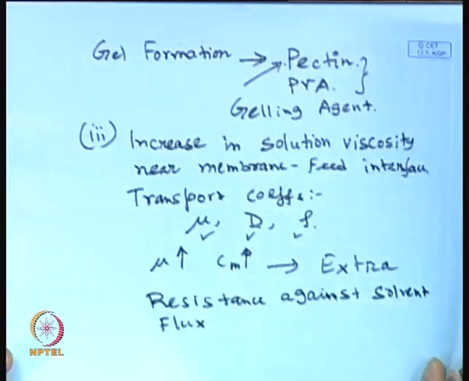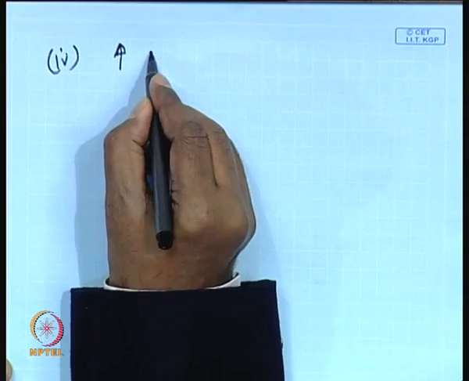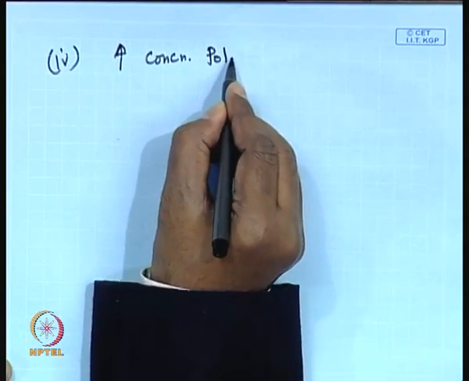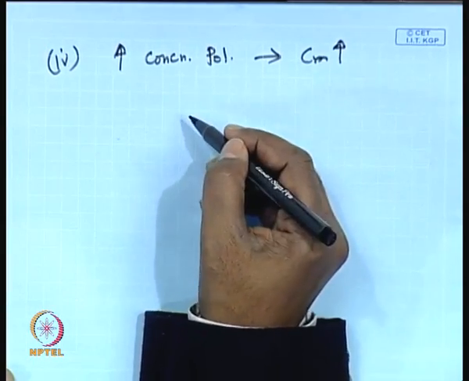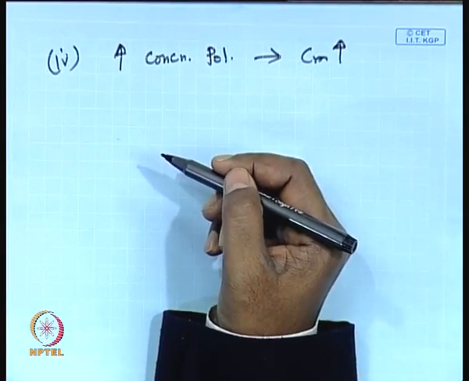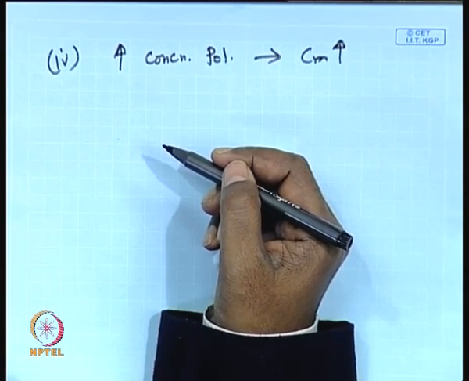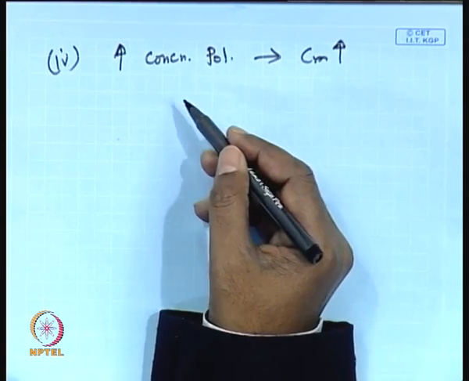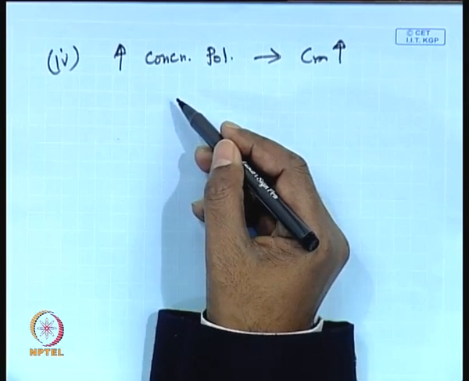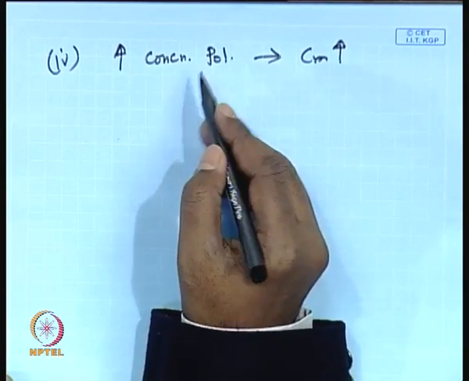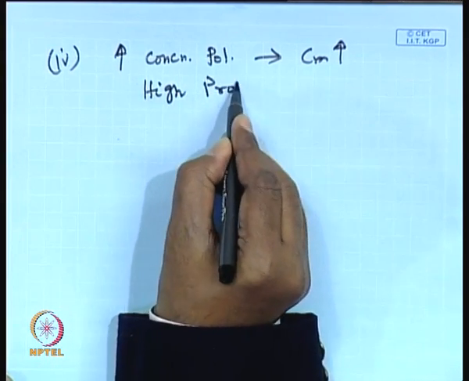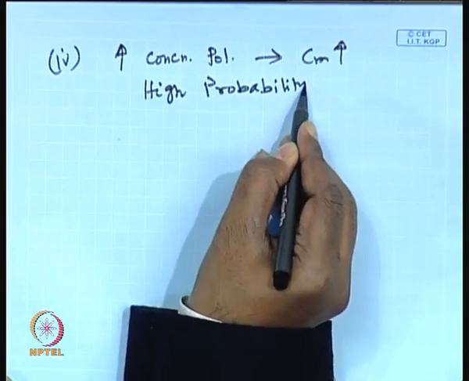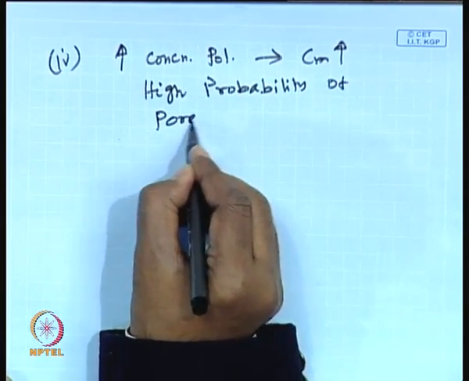Okay. The fourth implication is that an increase in concentration polarization means your membrane surface concentration increases. So, the concentration difference across the membrane will be more. If the concentration difference across the membrane is more, solutes will try to get transported through the membrane. So, there will be a high probability of pore blocking.